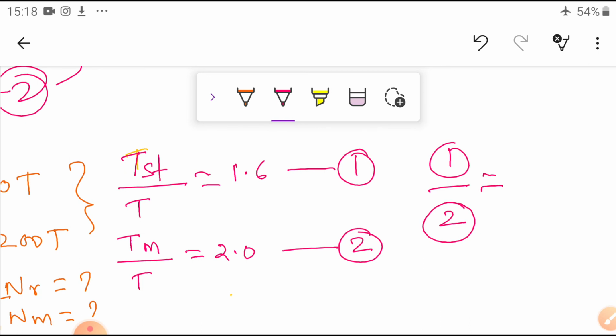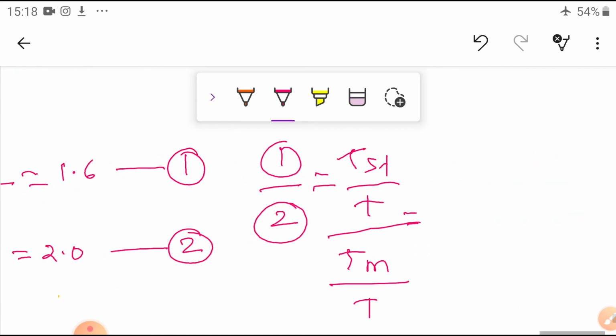What is the 1? T starting divided by T maximum, T torque divided by T maximum, is equal to, what is the value? 1.6 divided by 2. Okay. Now, what has happened?